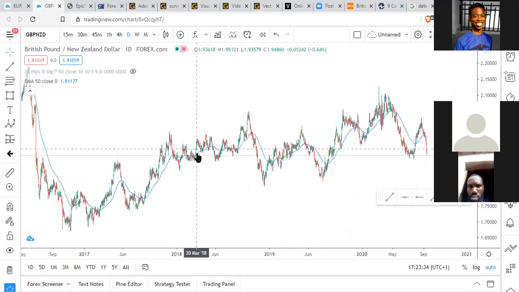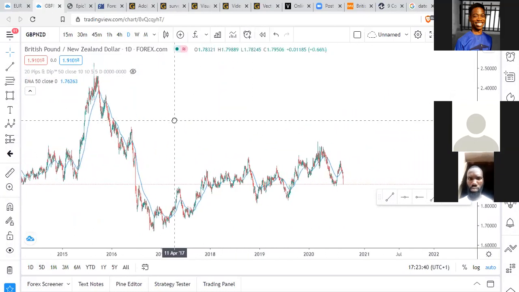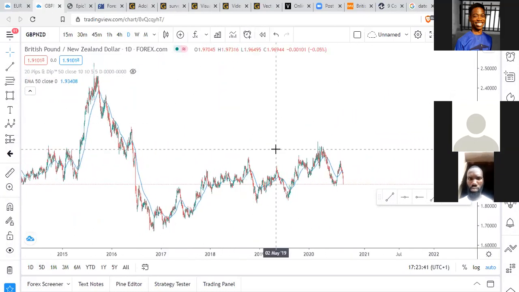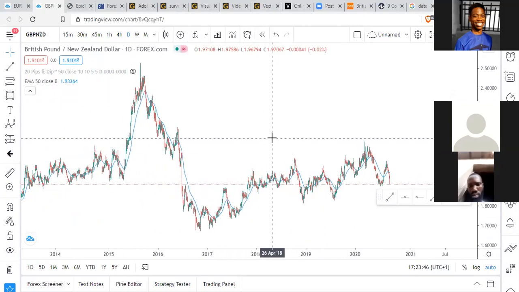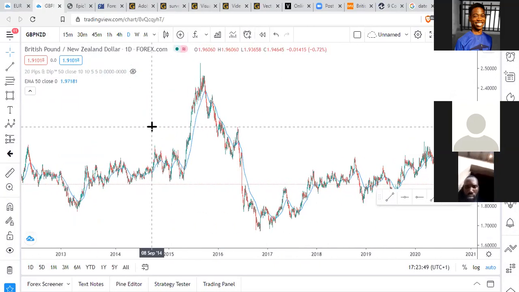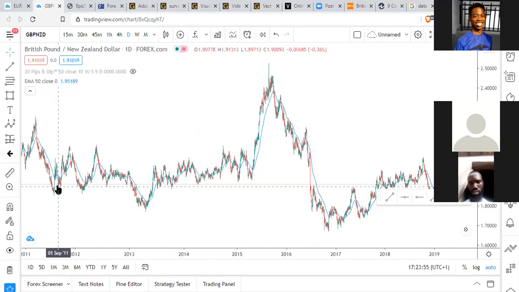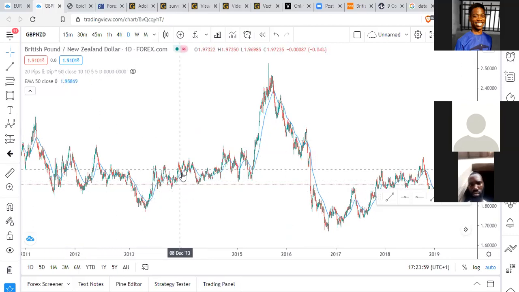Let's start from the very basics. When we talk of horizontal support and resistance, to perfectly draw your horizontal line, you go to any time frame of your choice. You look for where price has repeatedly reacted.